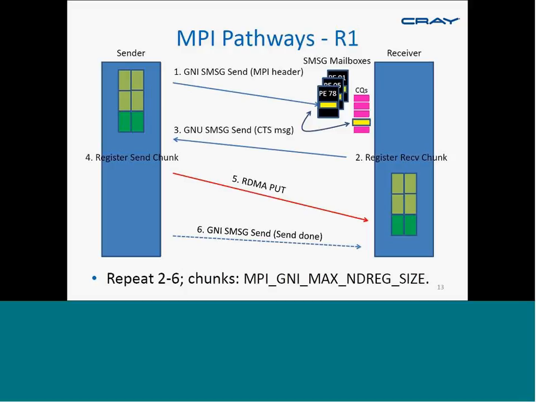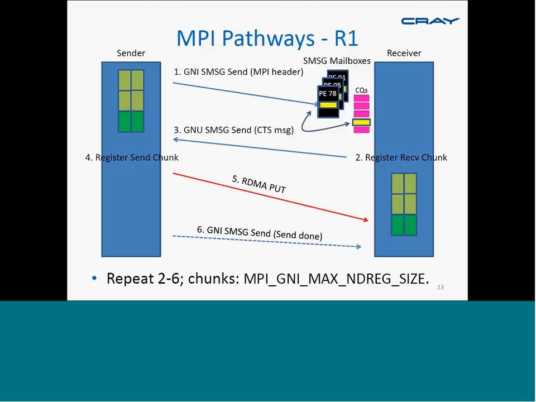R1 is very similar, but it involves even larger messages. They're generally too large to issue in a single RDMA get, so what you'll see in the note at the bottom is to repeat steps 2 through 6. Again, you send a message with the MPI header. In this case, the receiver registers first.